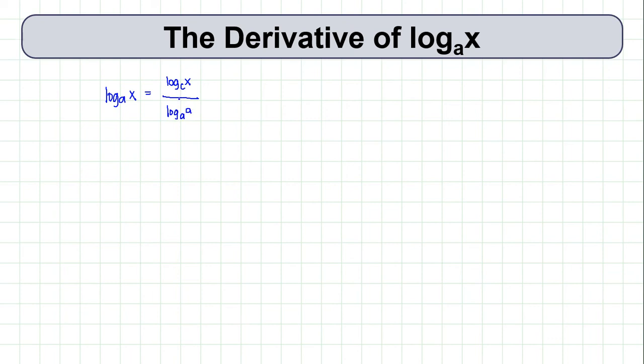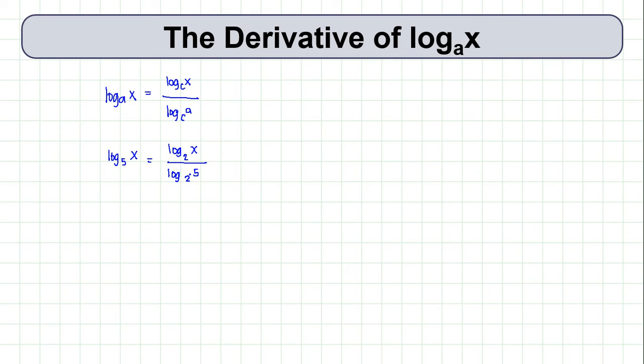Ibig sabihin, pwede tayo mag-introduce ng ibang base para maging fraction to. For example, log of x to the base 5. Pwede natin yan gawing logarithm of x, let's say, gusto kong base ay 2, over log of 5, base 2.